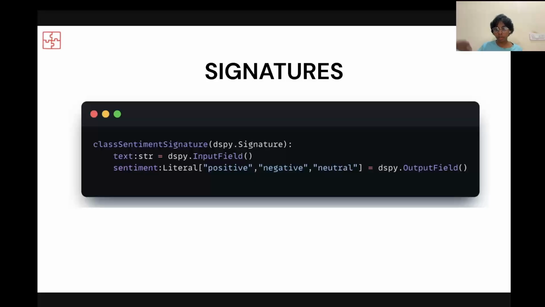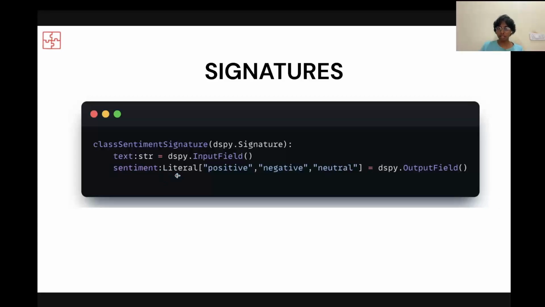Now let's slow down and really understand what this signature is doing. This class is not a prompt. It's also not model logic. It's a schema, a strict description of how data should flow between your code and the LLM. So what does this signature actually enforce? First, it takes text as an input, whatever the user gives, and the output is clearly defined as sentiment.